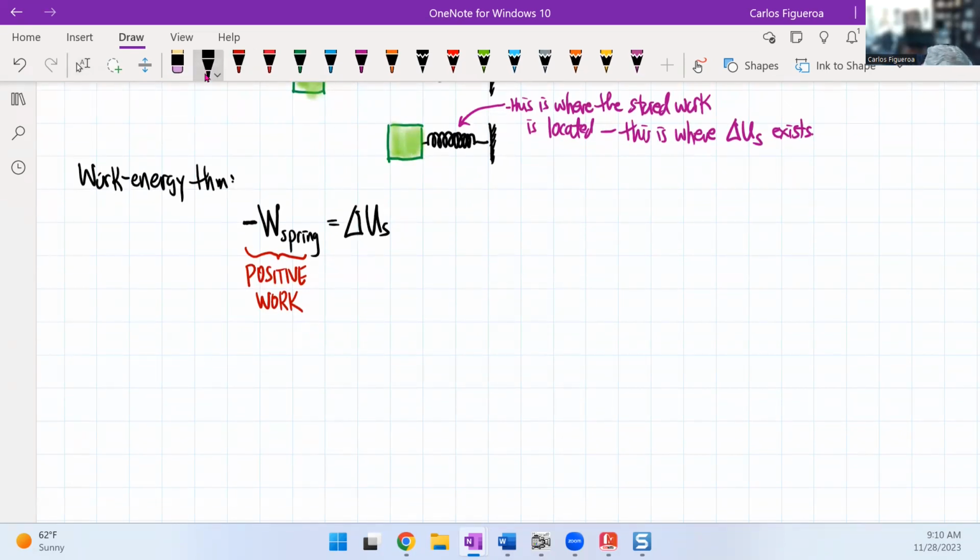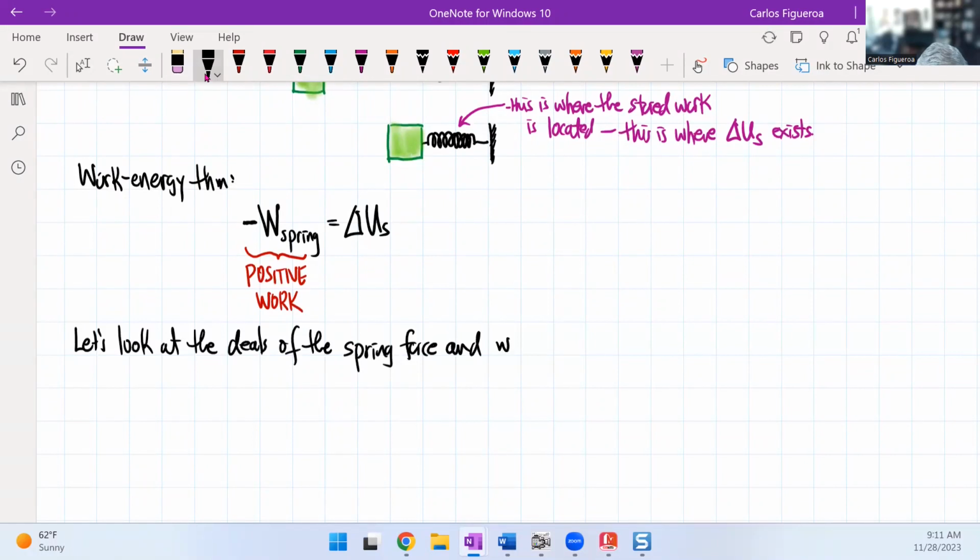So now let's look at the details of the spring force and work. So the spring force is given by Hooke's law.